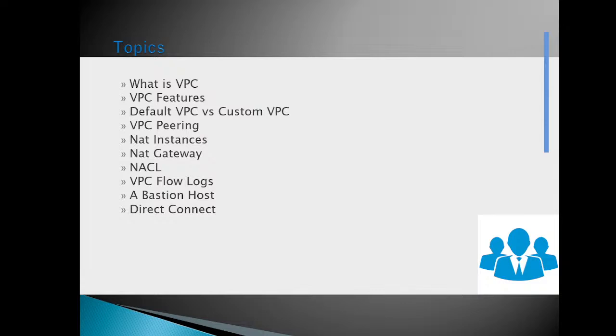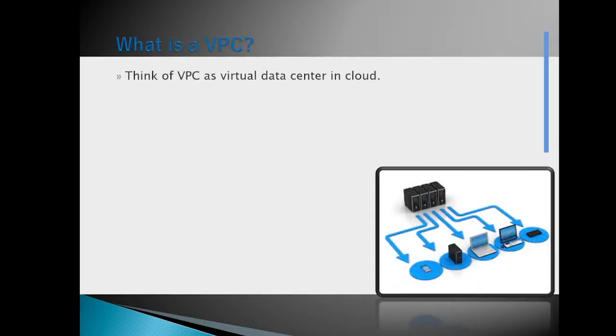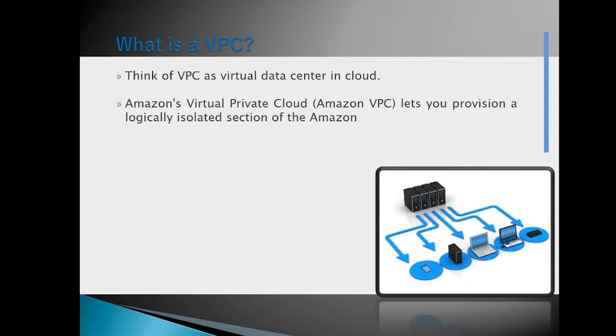Now, what is VPC? VPC is a virtual private network in cloud. It is a virtual data center. Coming to the network, why do we require private? What is meant by private? Anybody can explain to me? We have talked about private and public many times, but what is private here?